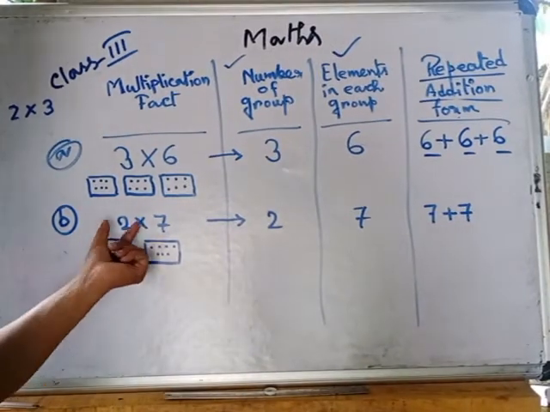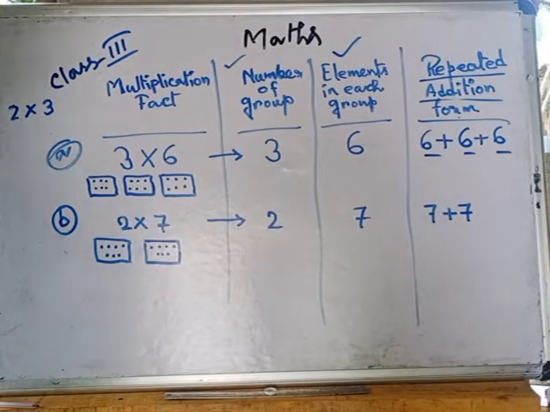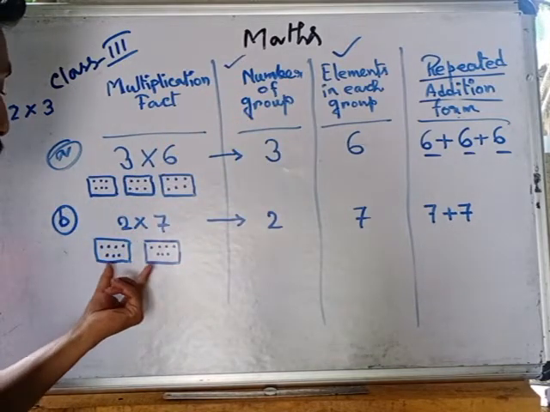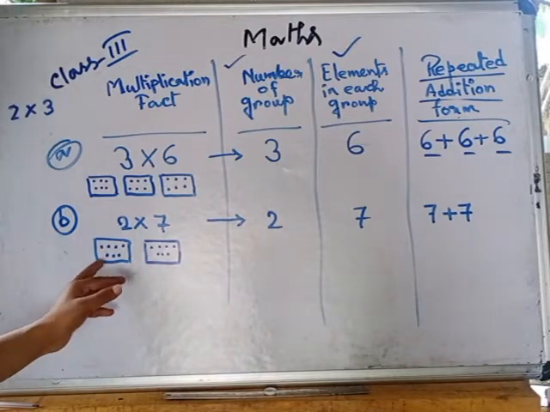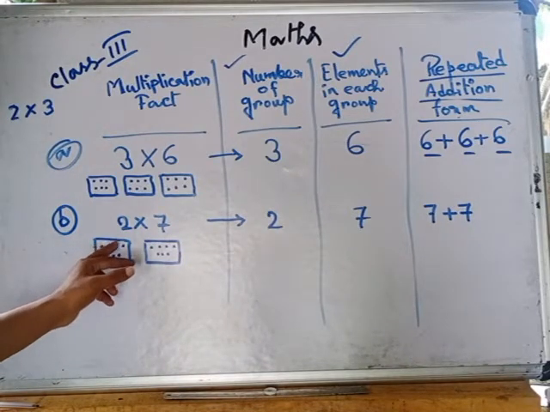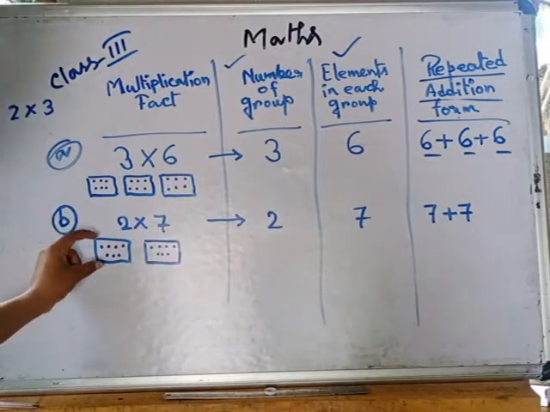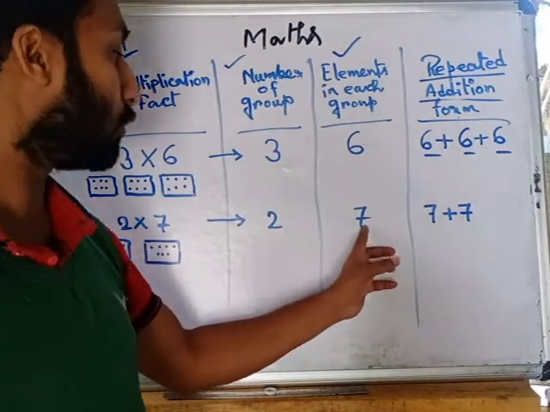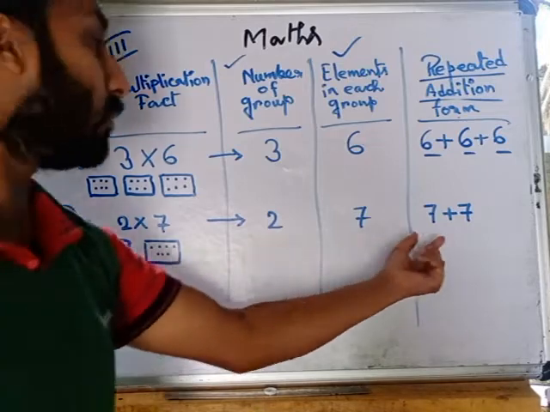Okay. If it is 2 multiplied with 7, that means number of group, 2 groups are there. That's why we should write here 2, and each and every group has its own 1, 2, 3, 4, 5, 6, 7 elements, because it is 7. So we should write here 7. 7, how many times? 7, 2 times.